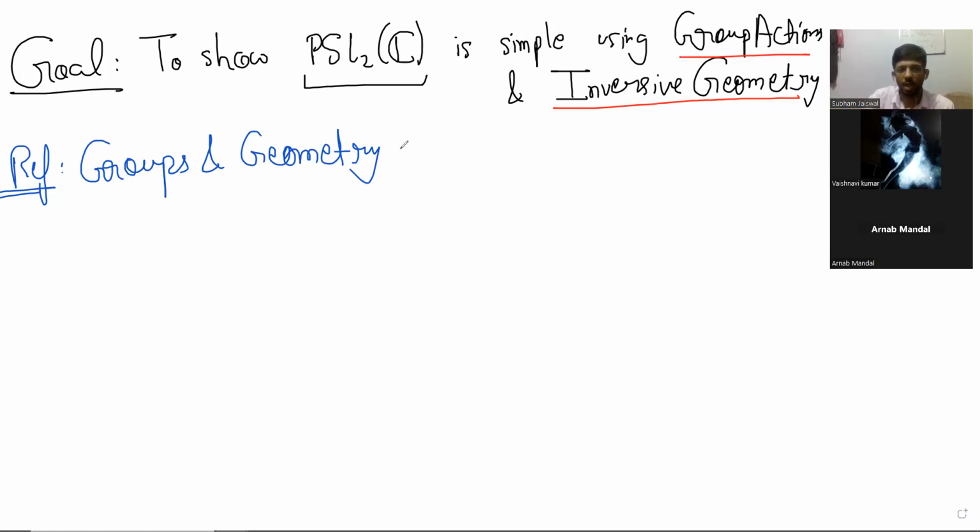So the book is called Groups and Geometry, and the name of the workshop is also Groups and Geometry. By Lindon, and only one author. Yeah. So I've read this around 2 months back. By Lindon, LMS, London Mathematical Society.